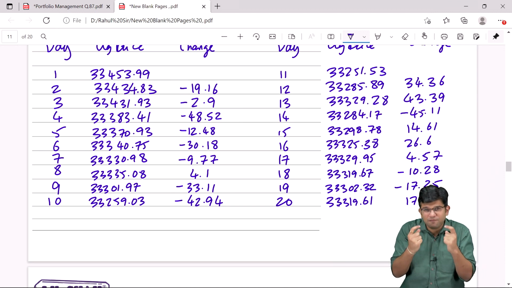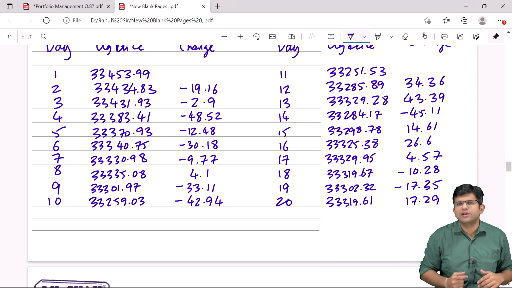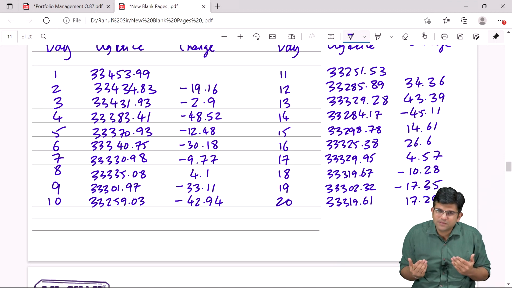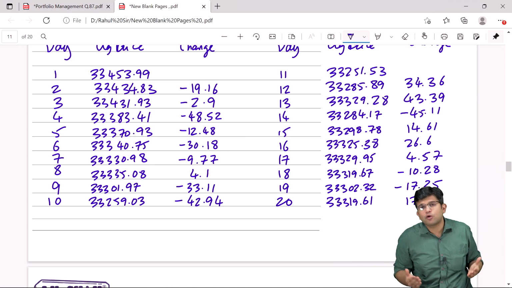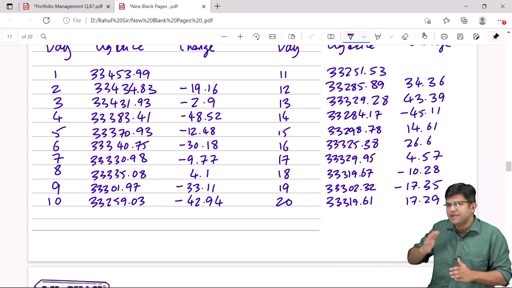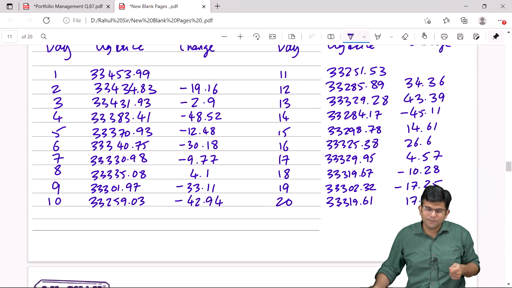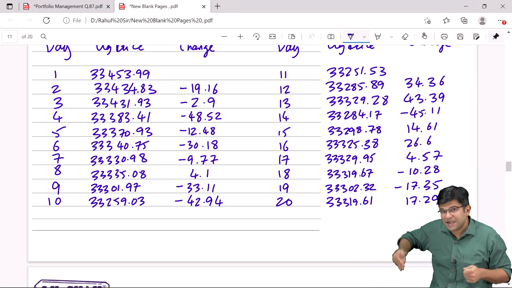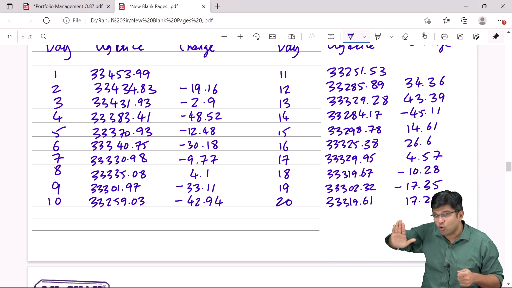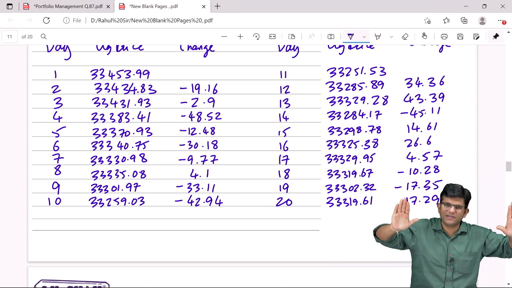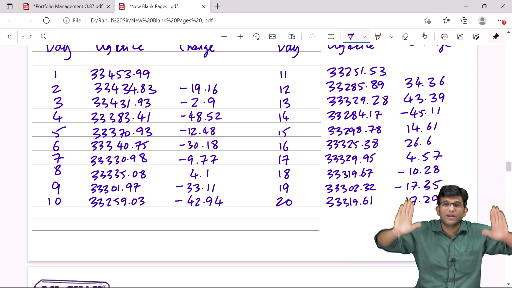And when I find out the correlation, children, what is correlation? It shows the strength of directional movements between two observations. Now, if the correlation is positive, let's say near +1, what is the meaning of that? If in the first 10 days the share prices are going up, I know that in the next 10 days also the share prices will be going up, positively correlated.